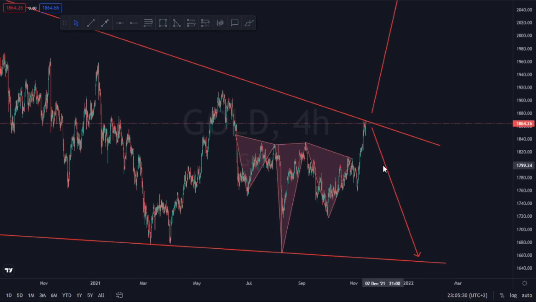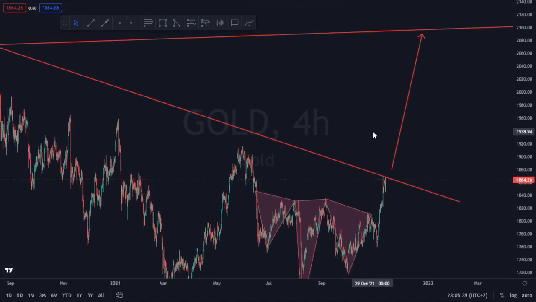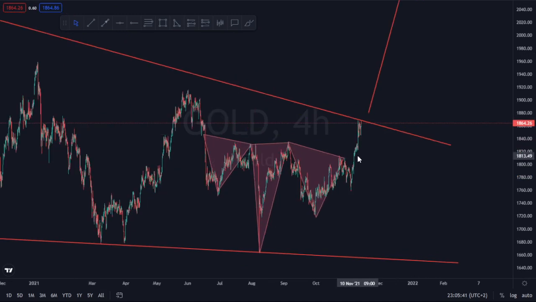But firstly, since we have the first head and shoulders, let's look at the buy. Let's see the probability of price breaking out and continuing to the upside.